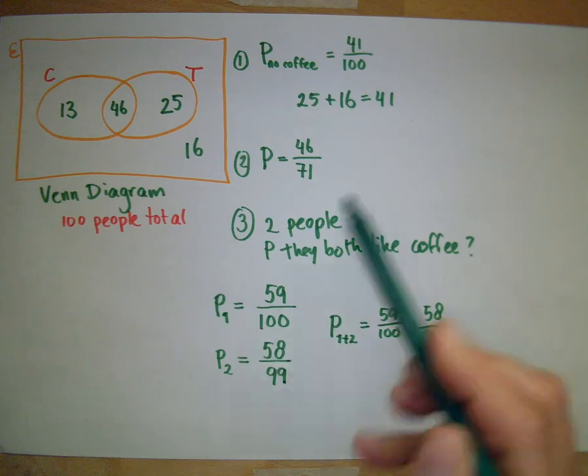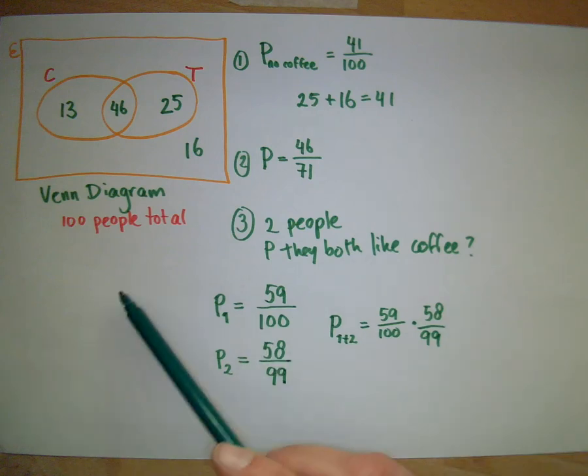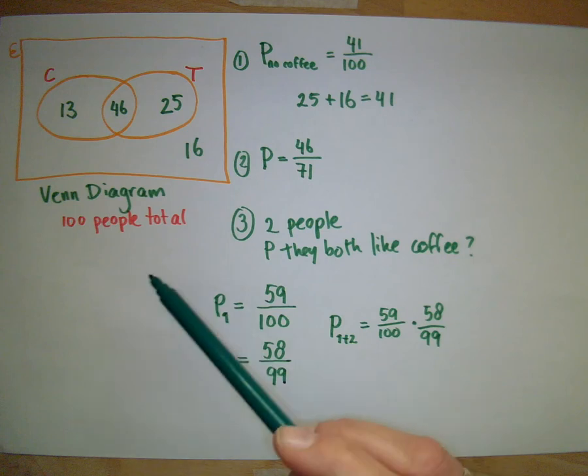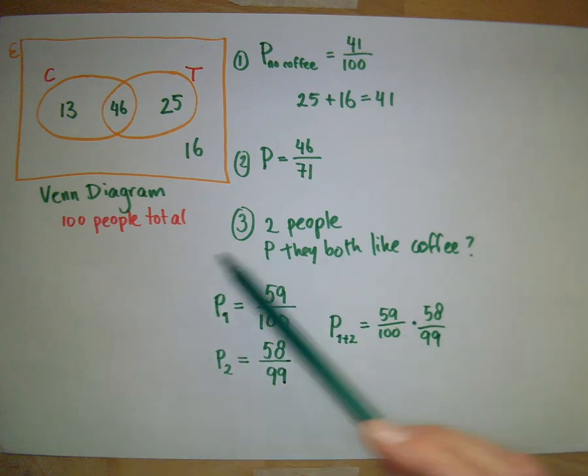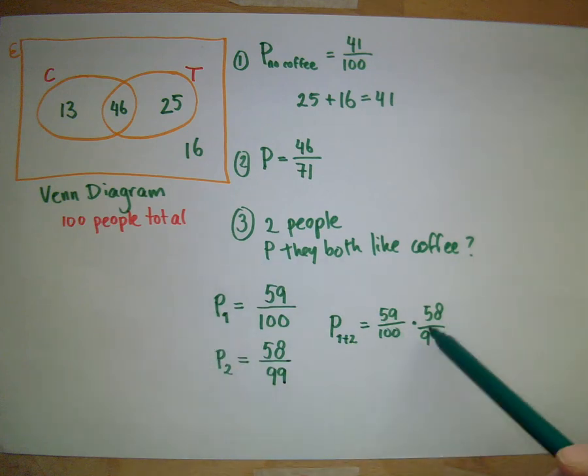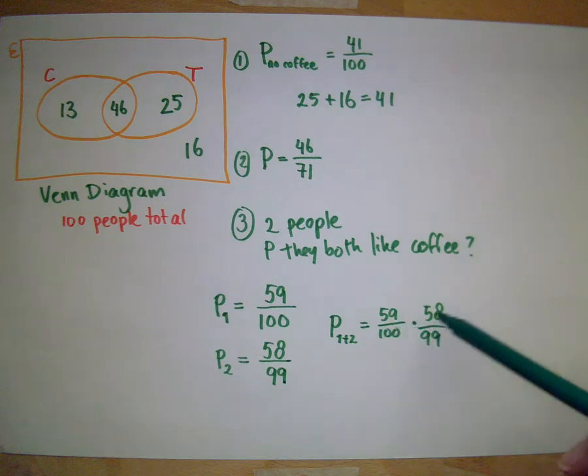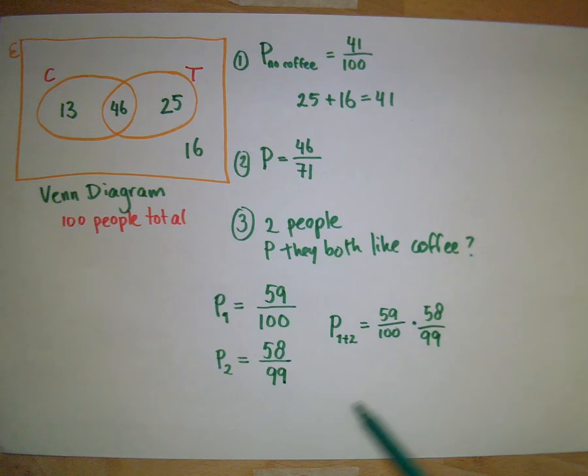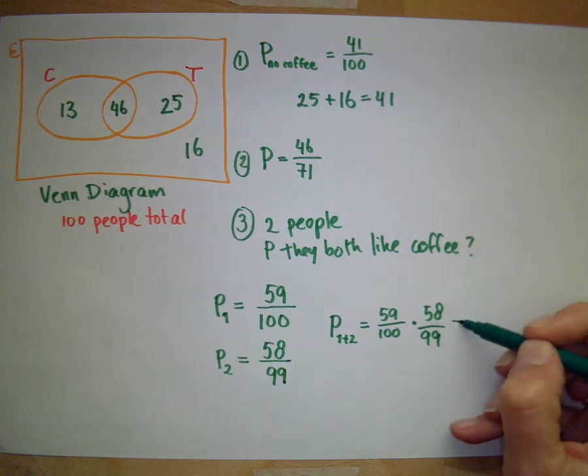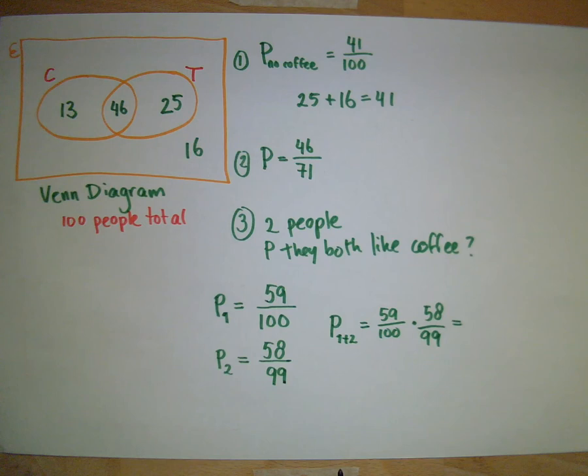Remember how in the probability, when we drew those branches, we would multiply across the branches? That's what we're doing now. The chances of the first thing happening times the chances of the second thing happening determines the chances that both happen in a row.